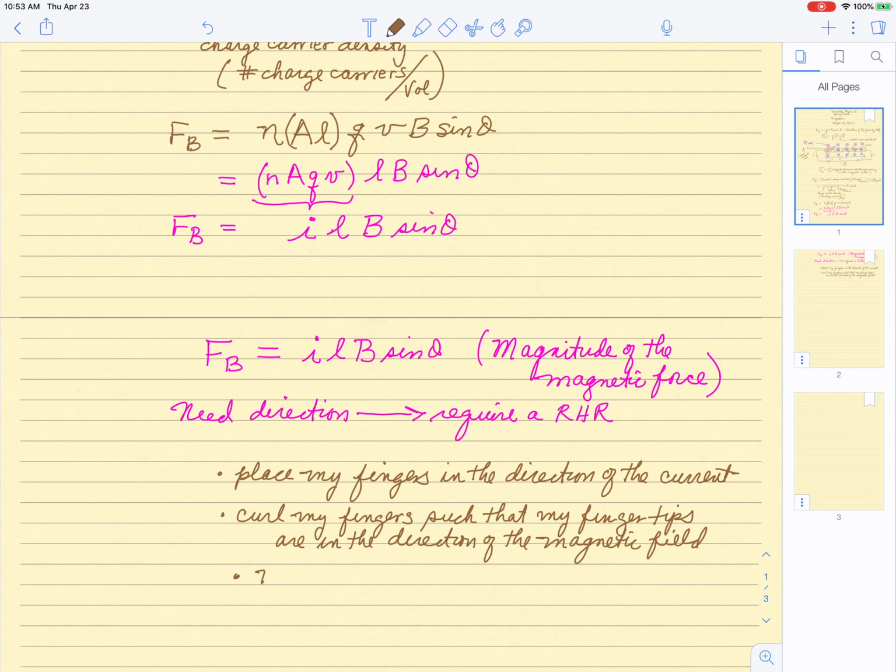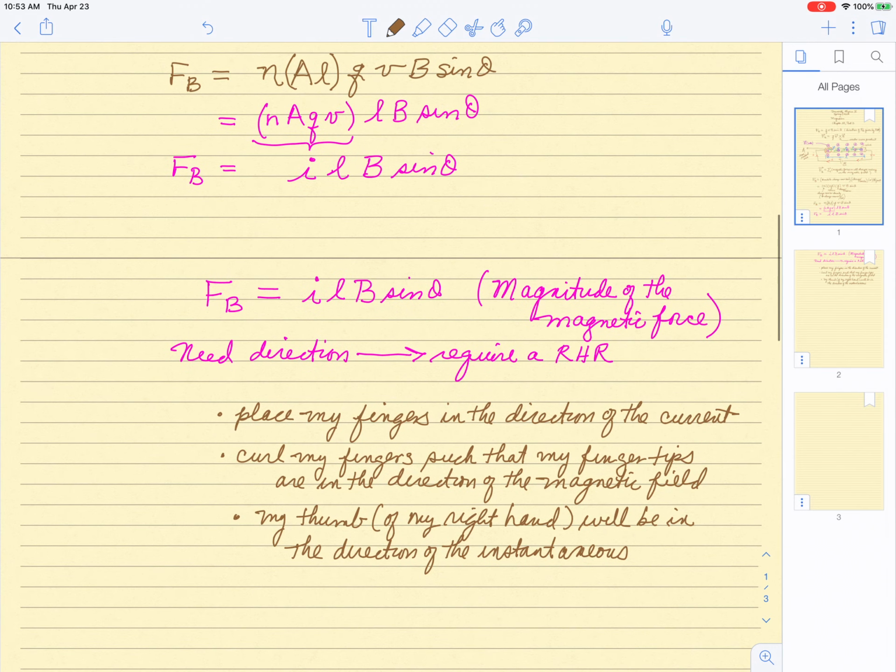And my thumb of my right hand will be in the direction of the instantaneous magnetic force.